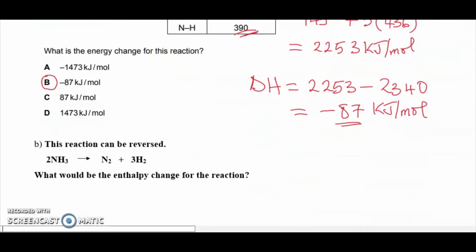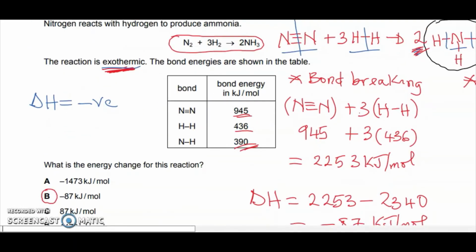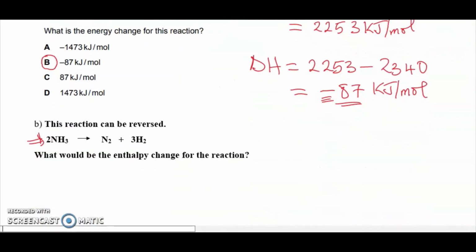Now, the reaction can be reversed, of course. What would be the enthalpy change if we reverse that equation? It is simple. We had this value when we used the equation in this form, so if we reverse that equation, we simply reverse the sign here. So it's going to be plus 87 kilojoule per mole.